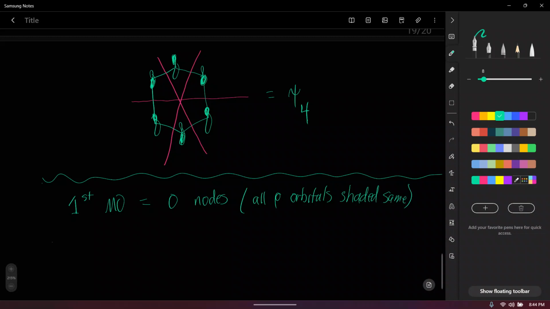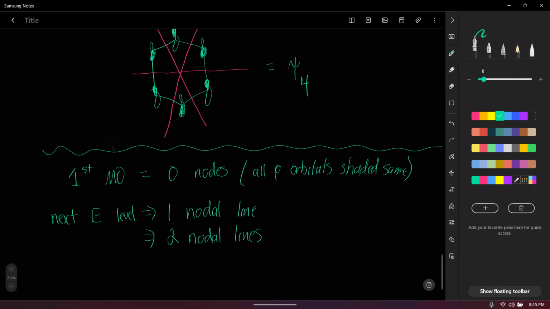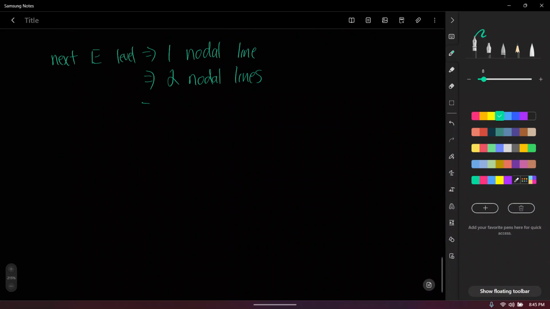And then the next energy level has 1 nodal line. And then the one after that would have 2 nodal lines, etc., etc. The one after that would have to have 3 nodal lines. Alright, perfect.